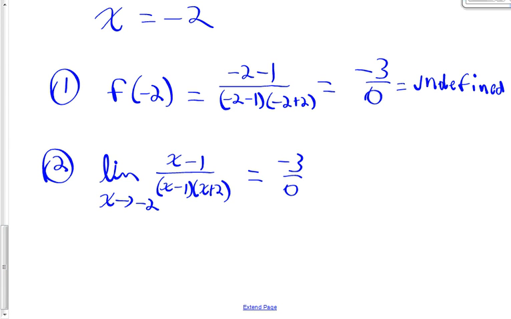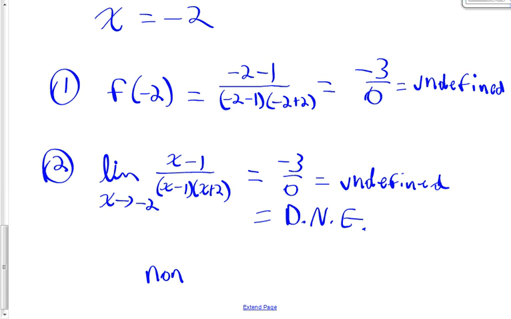So since the limit does not exist, I know I have a non-removable discontinuity.